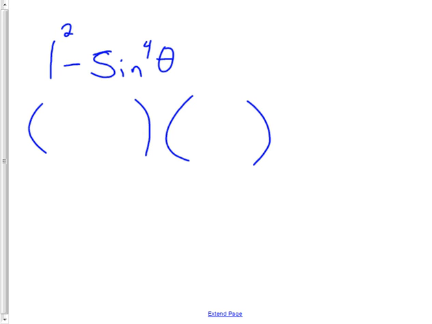Well, you take the square roots, right? What's the square root of 1 squared? 1 and 1. What's the square root of sine to the 4th? Sine squared and sine squared. And then a plus 1 and a minus. Or one of them is plus and one of them is minus.